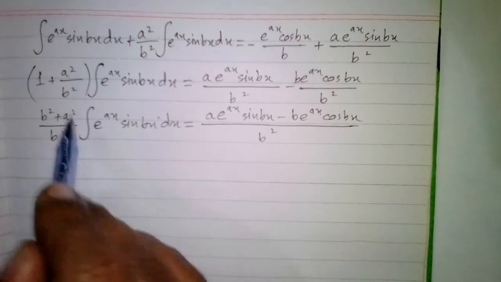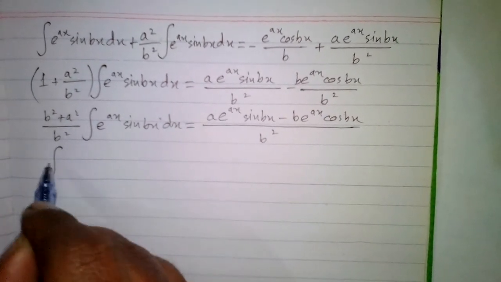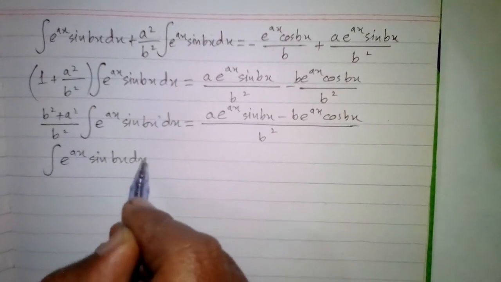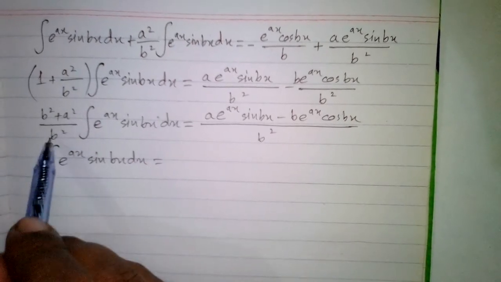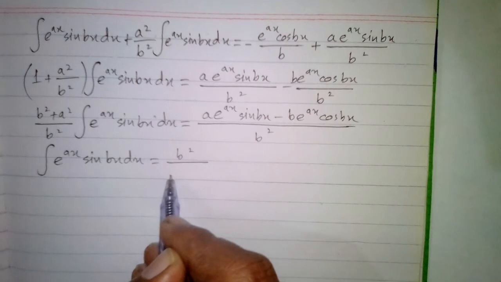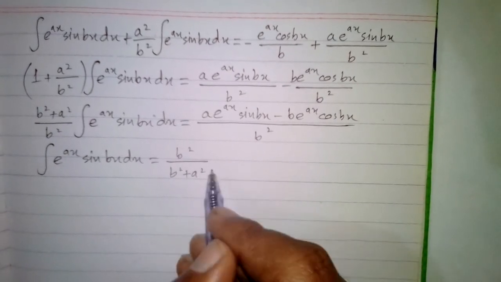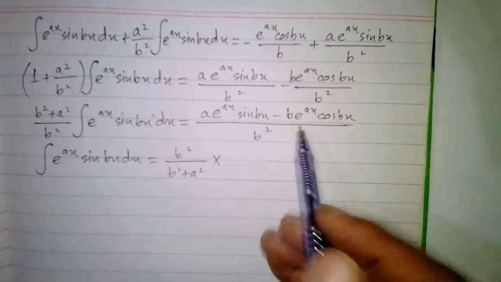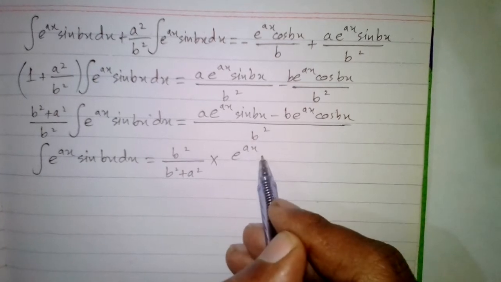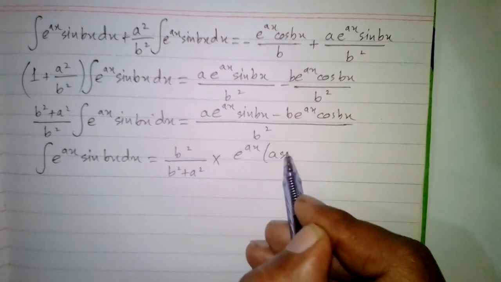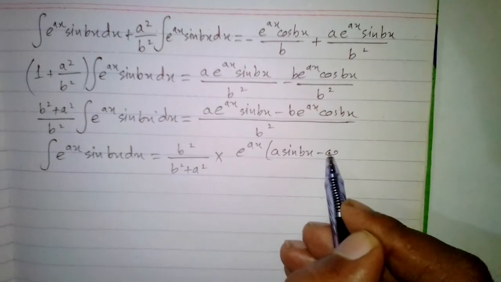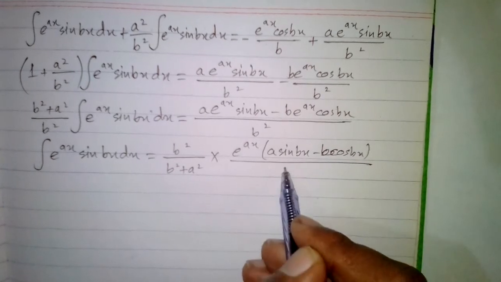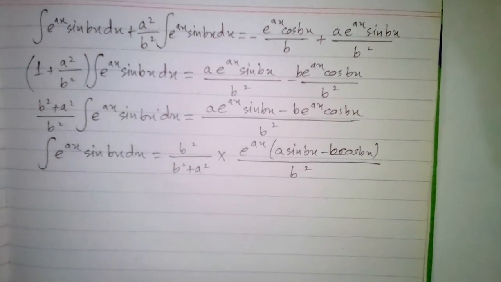And now we can take this factor on the other side, so we will take the reciprocal of this factor, that is b square plus a square upon b square will become b square upon b square plus a square multiplied by this factor, and here we can take e to the power ax common, so we have a times sine bx minus b times cos bx in the bracket and then b square in the denominator.